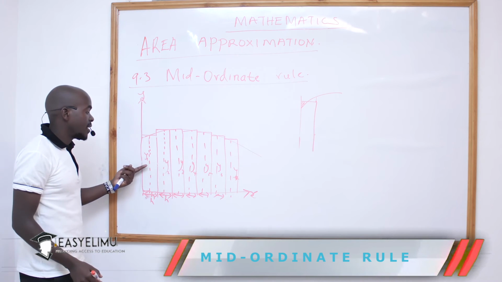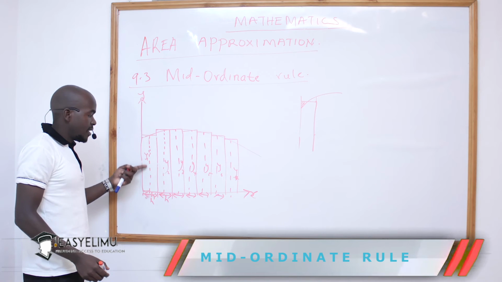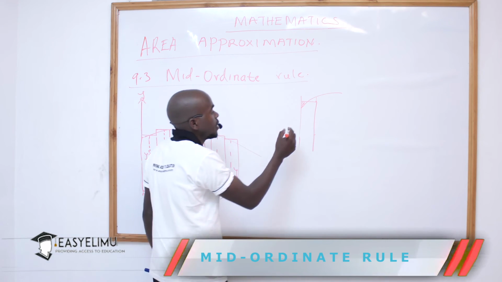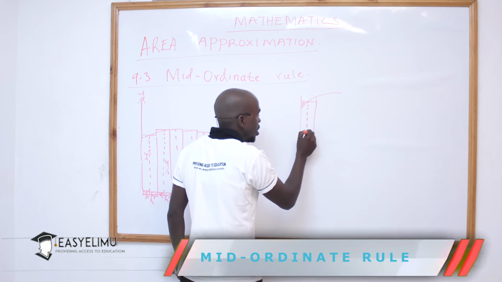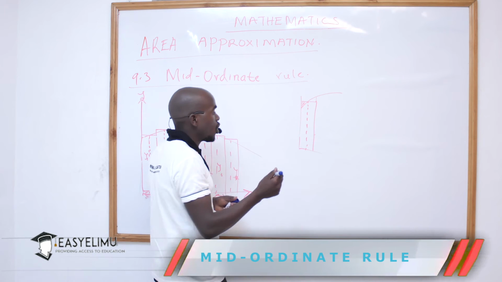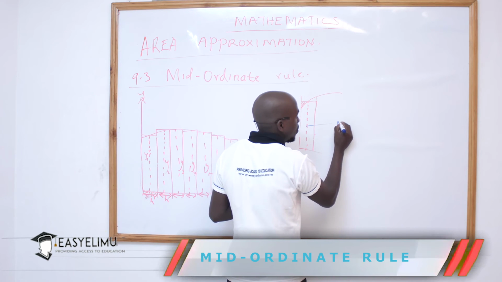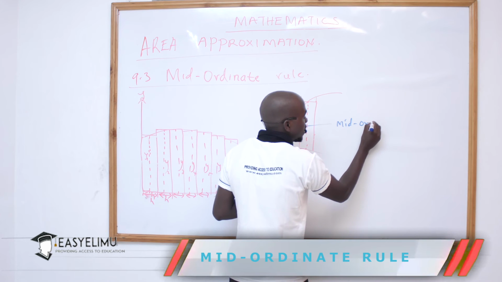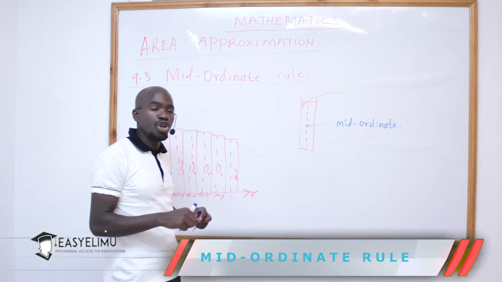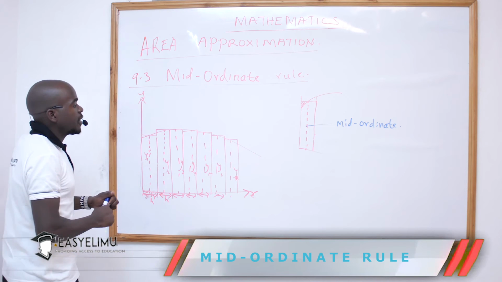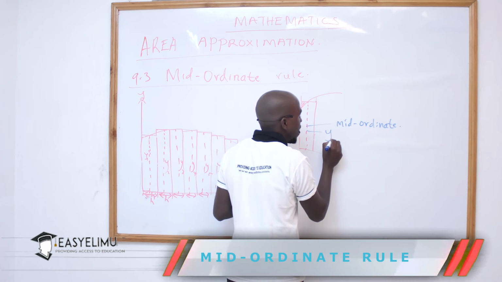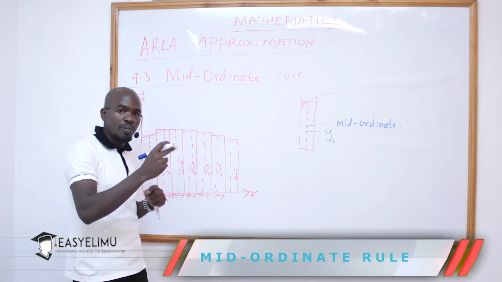The dotted vertical line touching here is what I'm referring to as the mid-ordinate line. That is what we refer to as the mid-ordinate line.